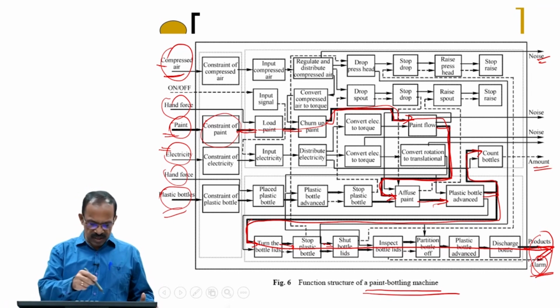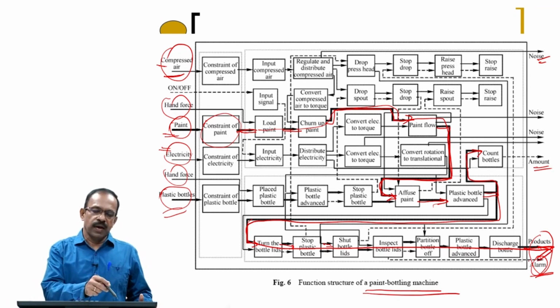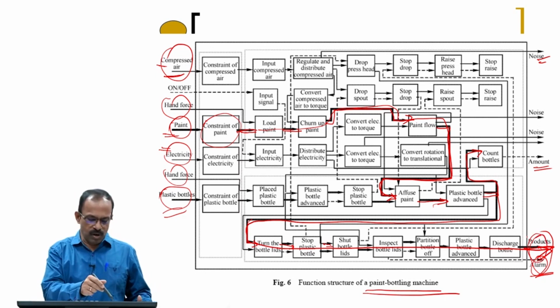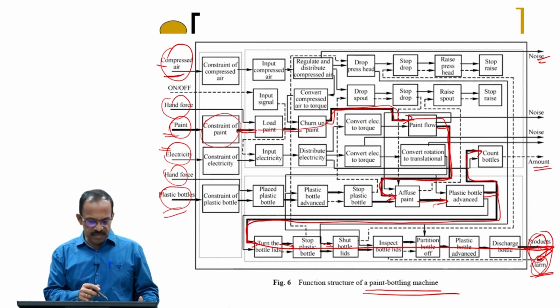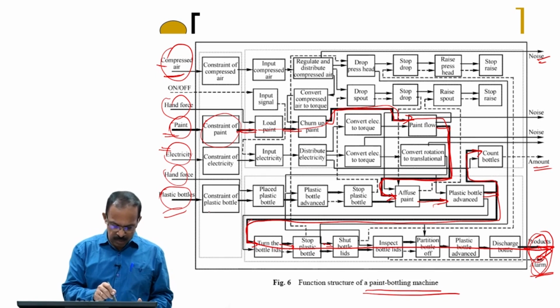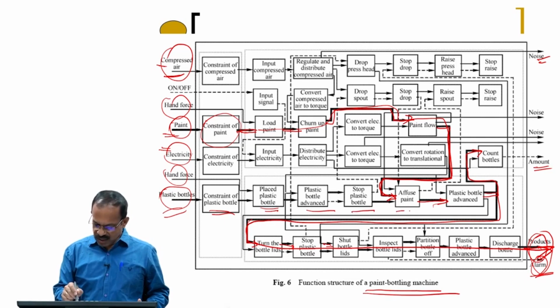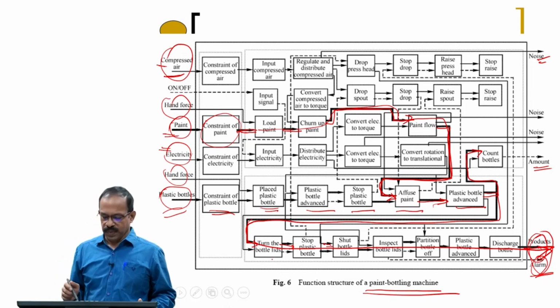You can see all the functions involved in getting the bottle out, where the paint is involved, can be identified like this. Same way you can look at the plastic bottle: the bottle will be placed and then moved, then stopped, then paint filled, then the plastic bottle moves along with the paint and starts moving out.